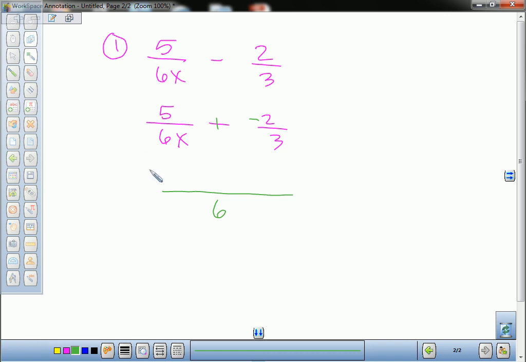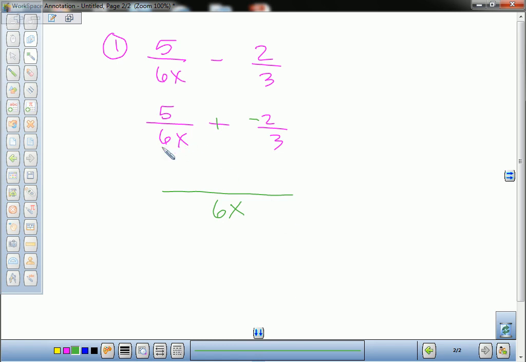A lot of times it's bigger, but this time it is the greatest number. All right, now this one has an x, but this one doesn't. So the common denominator has to have an x. Because every factor in either denominator is represented in the common denominator.